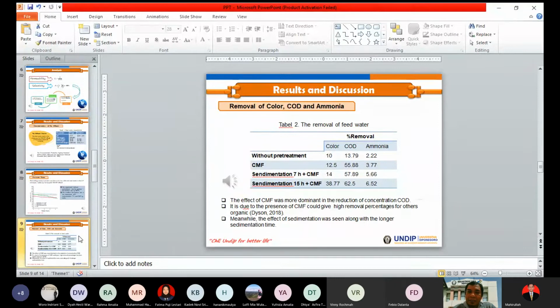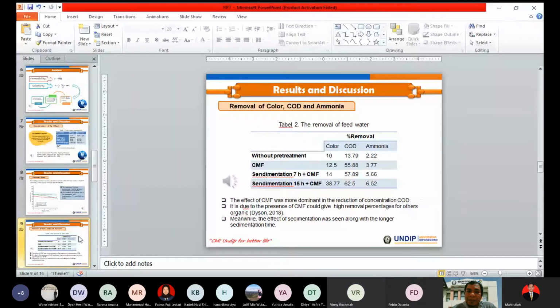Without pretreatment, the color removal is 10, and after sedimentation at 7 hours, the color removal is 14, and then at a longer sedimentation at 15 hours, the color removal achieves almost 40%. So there will be less dissolved solids in the effluent. That's why the flux at 15 hours is going to be higher than 7 hours. So it is in accordance with the graph before.